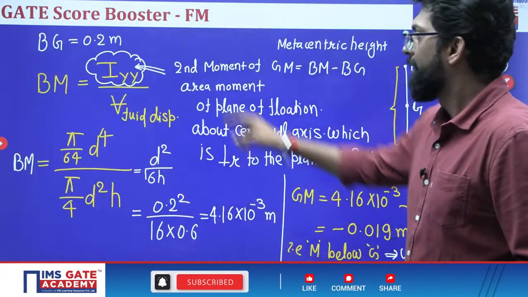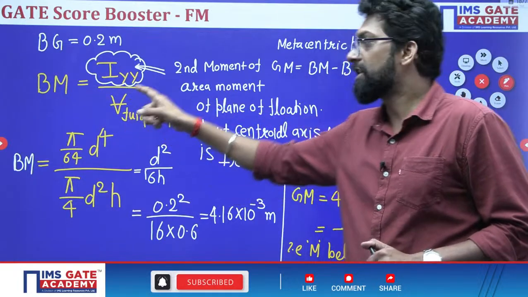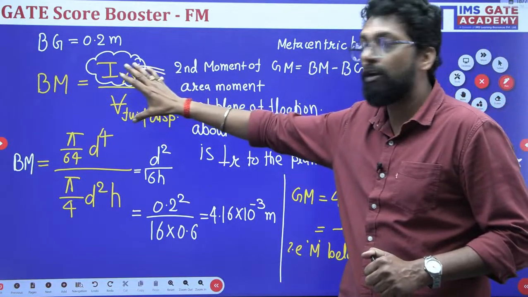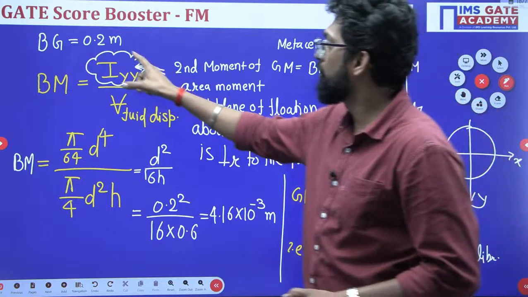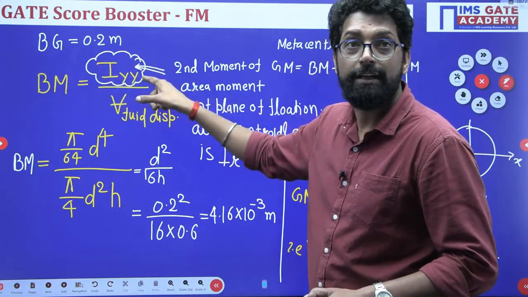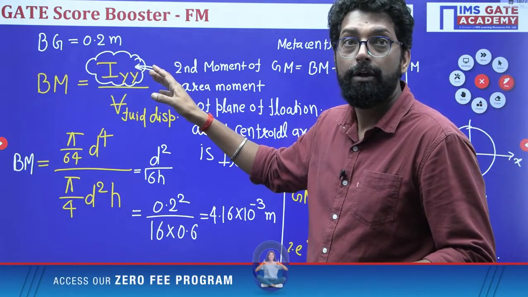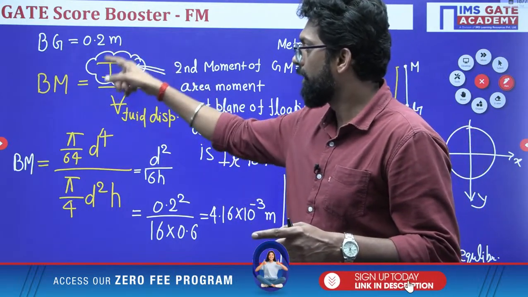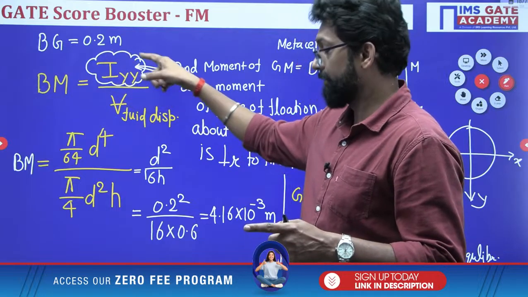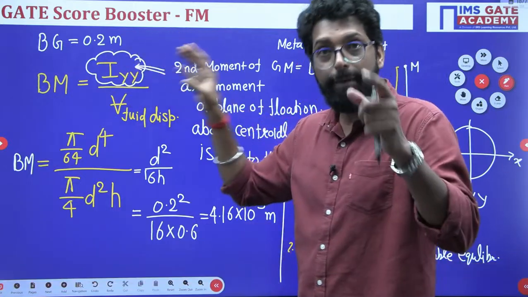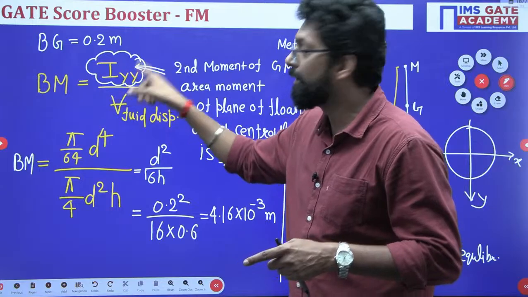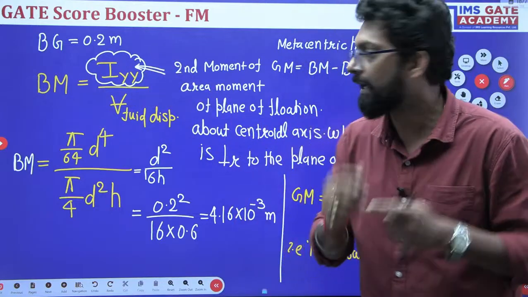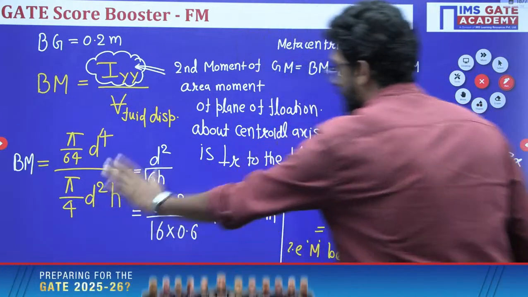Then find BM, the distance between buoyancy and metacenter, with this formula. For that you must remember the moment of inertia. Otherwise it is very difficult to solve. If a different geometry is given, you have to remember what the moment of inertia is for different shapes. So we have to calculate BM.